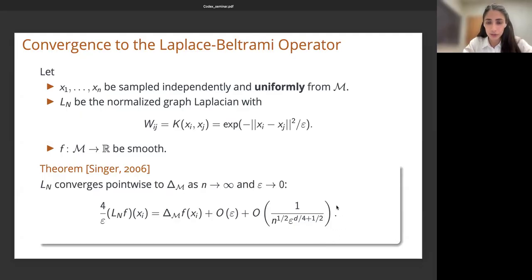So this is the precise formula, and I would like to focus on this last term, which is called the variance term.